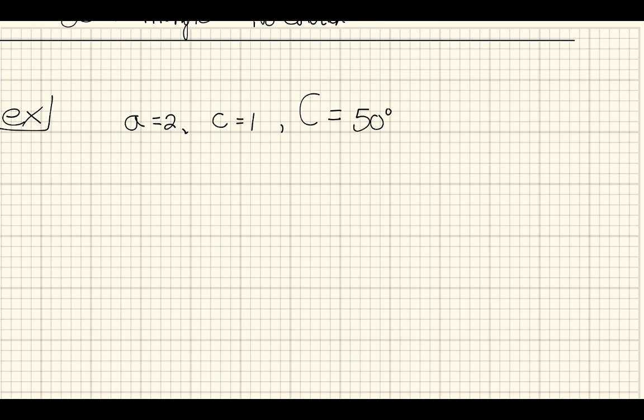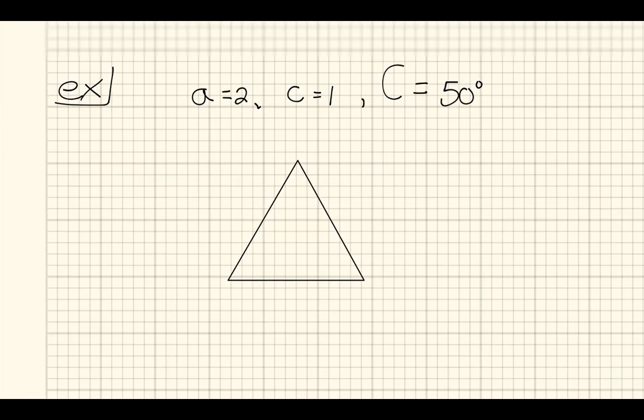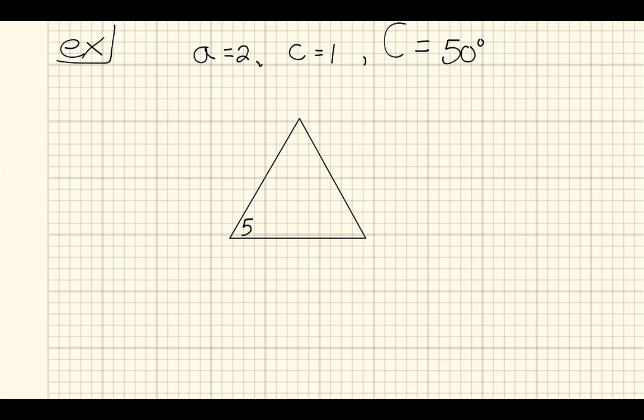So they won't always give us a picture. They're just going to say, what if one of your side lengths was 2, one was 1, and the angle opposite the side length of 1 is 50. So we can draw that out, and this is by no means accurate because, obviously, I just told you there's no solution to this.